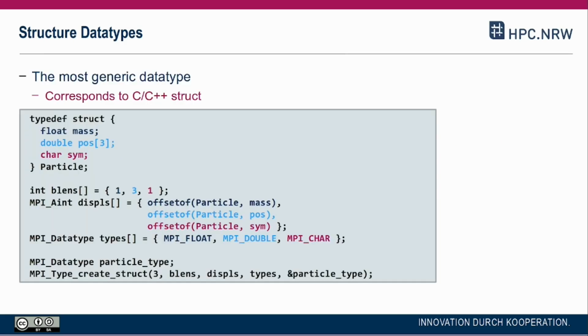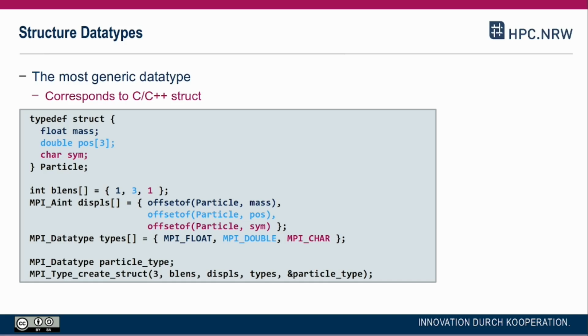Okay, so let's see how this might look in an example. We have in C a typedef of a struct, my particle type. We have the mass of my particle, which is a float. We have a position, a double value, inside my three-dimensional continuous space, and I have to store some form of symbol to it.